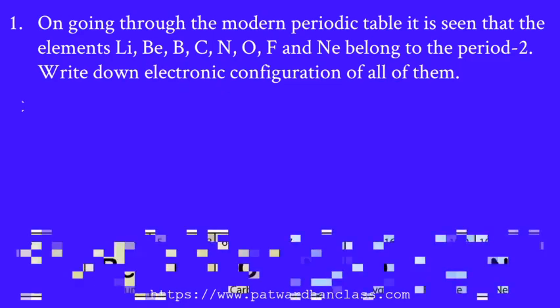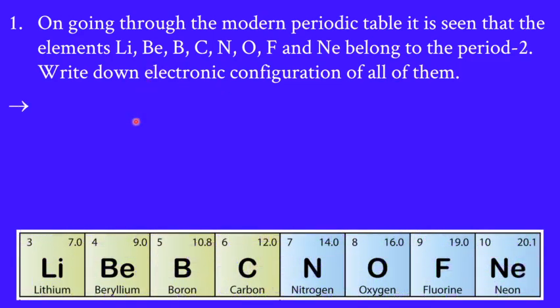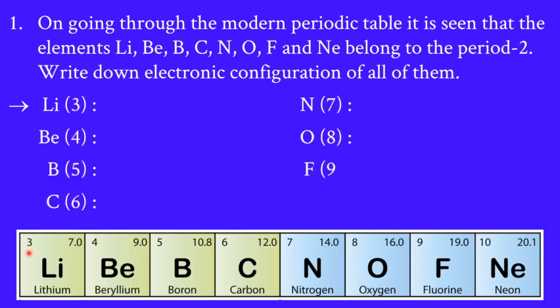So we'll have a look at period 2. This is lithium. I'll list all the elements first. Lithium, atomic number is 3, so the configuration will be 2,1. Beryllium, atomic number is 4, so configuration will be 2,2.